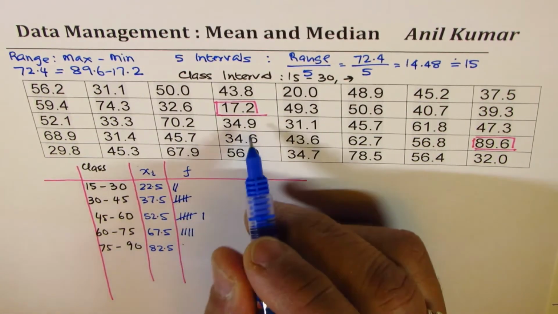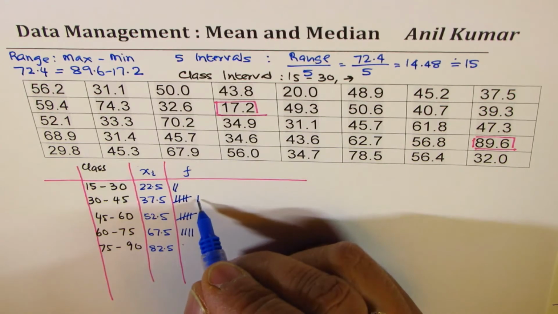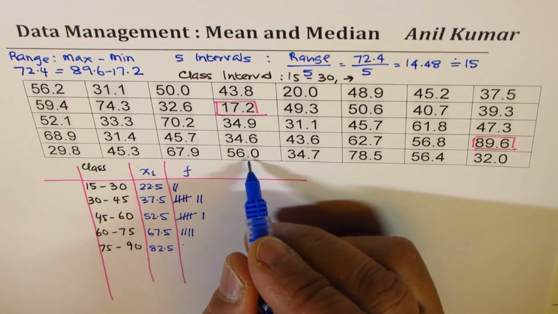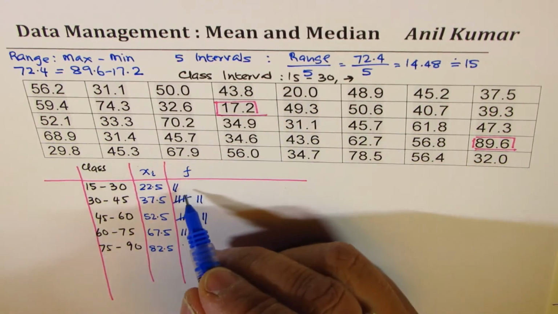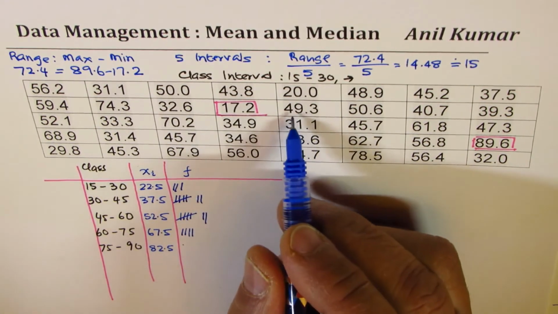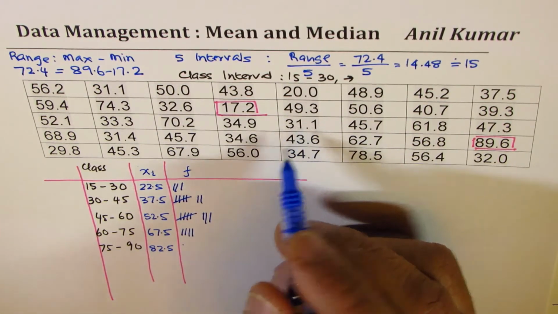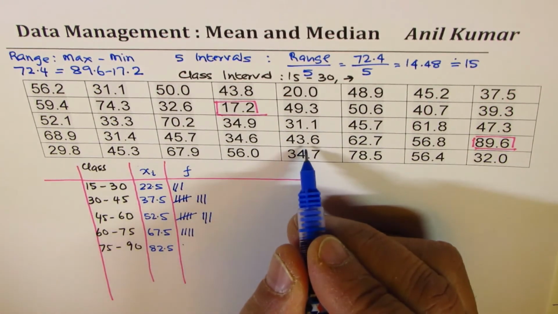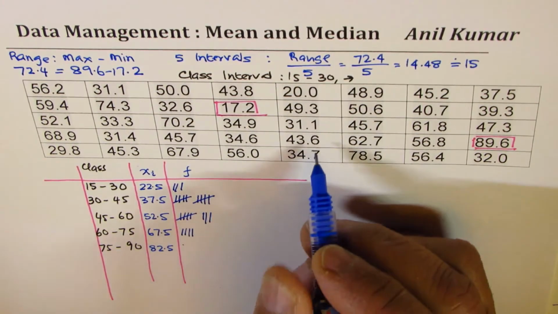17.2. 34.9. 34.6. 56.0. 20 will come here. 49.3. 31.1. 43 point something. 34.7.